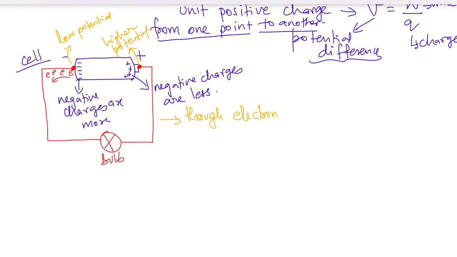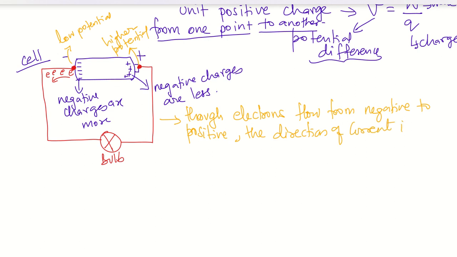Okay. Now, though electrons flow from negative to positive, the direction of current is taken as positive to negative.